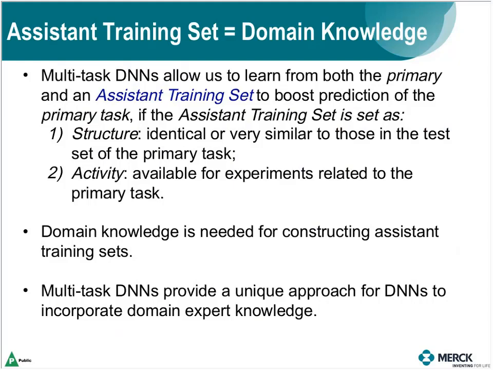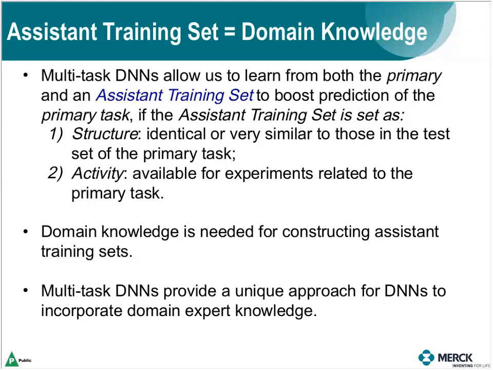For example, if the primary problem is about a neuroscience target, then a system set can be a PGP activity, because that's related activity, so that we can select a system set, incorporating our domain expert knowledge to boost the performance of the primary site.